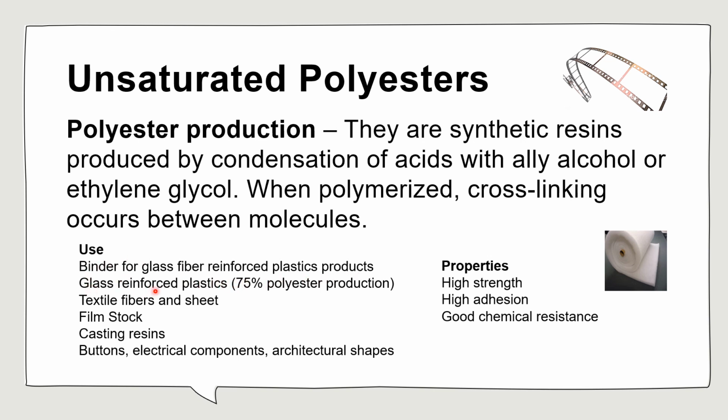We use them in glass reinforced plastic, which is about 75% of polyester production, in the United States, of course. And then textile fibers and sheet, film stock, costume film stocks for the entertainment industry. Costume resins, resins to cast more product. We make buttons, electrical components, and then we use the architectural shapes.